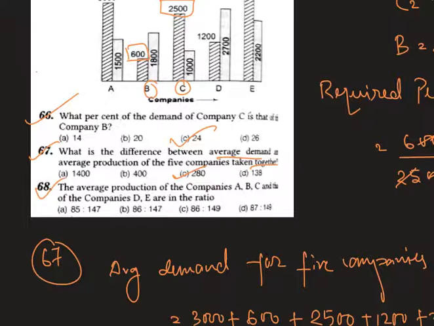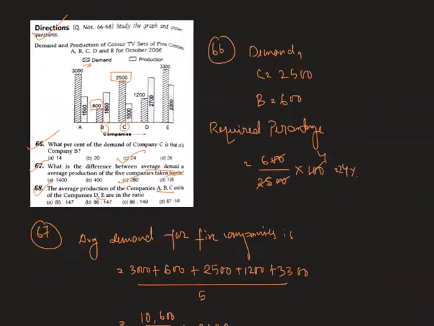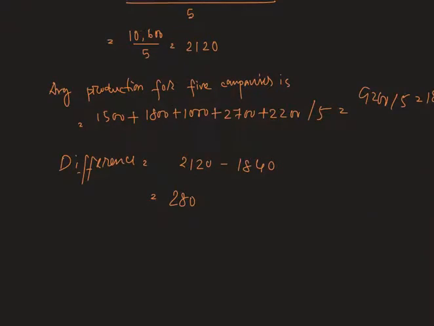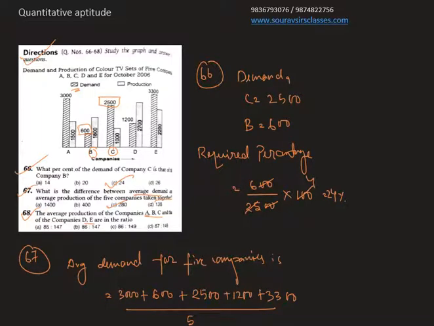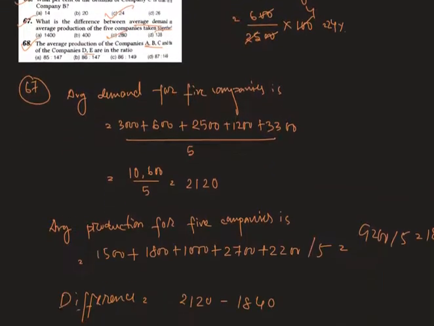The average production of the companies A, B and C and of the companies D and E are in the ratio... average production of company A, B and C, it is 1500, 1800 and 1000.